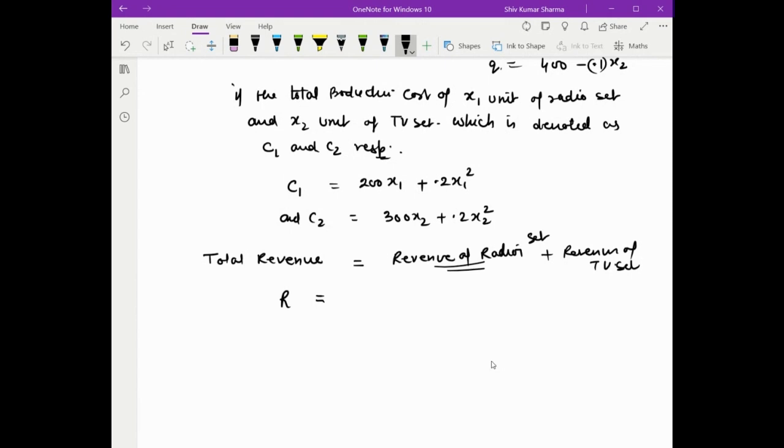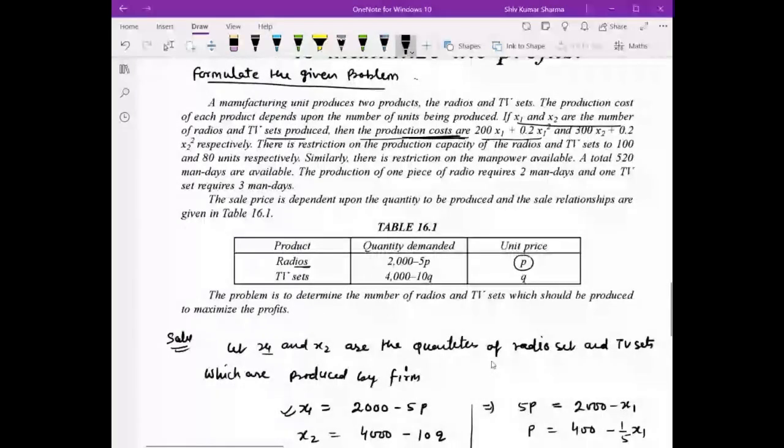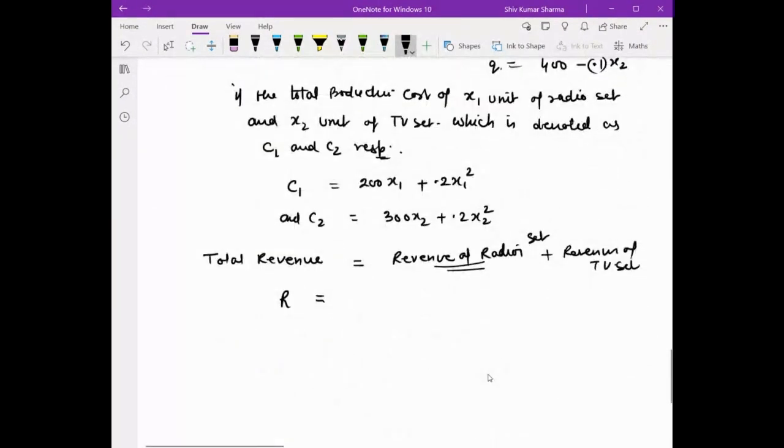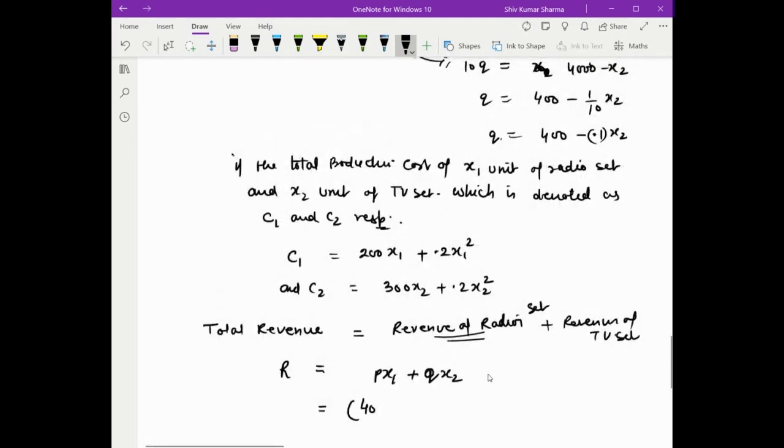The revenue generated, where the unit price is P, is P into X1 plus Q into X2. P and Q are the unit prices of the products.